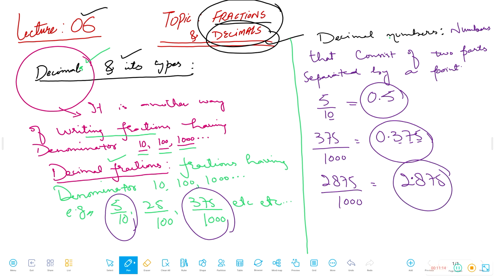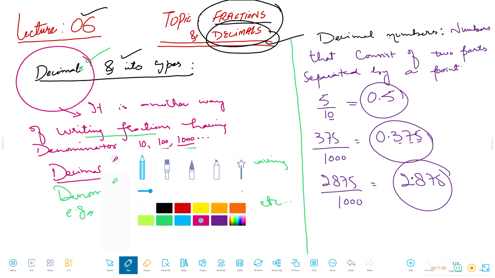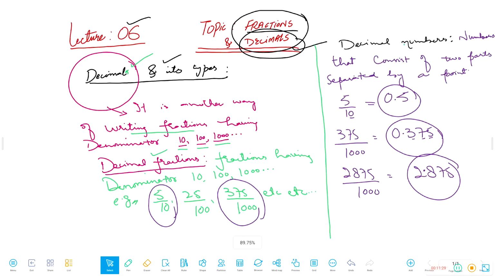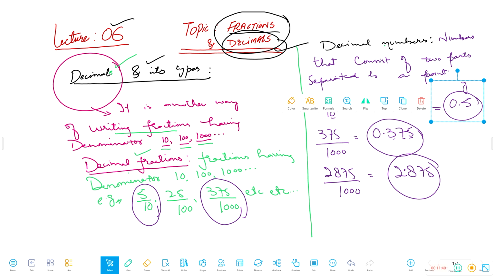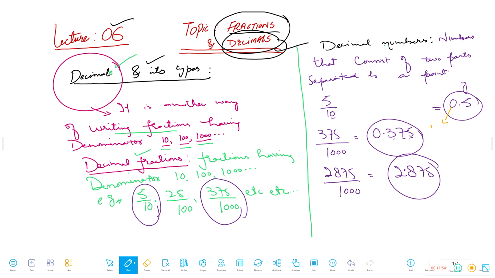Now in each case, when we talk about the first decimal number, here this 0, the digit before the point I call the whole part.